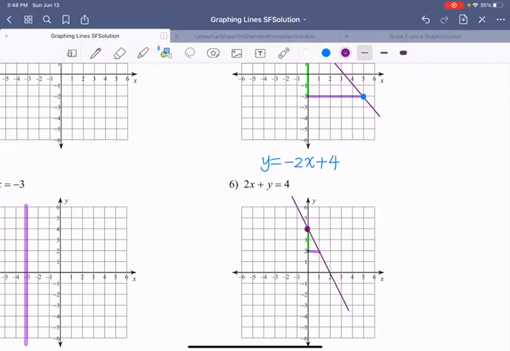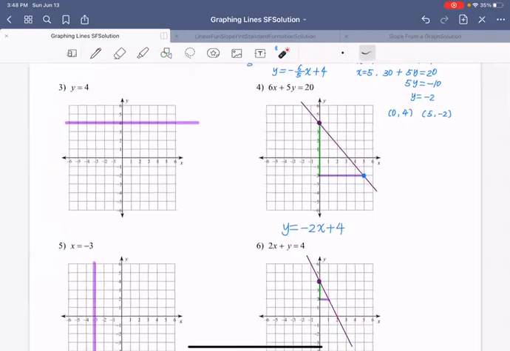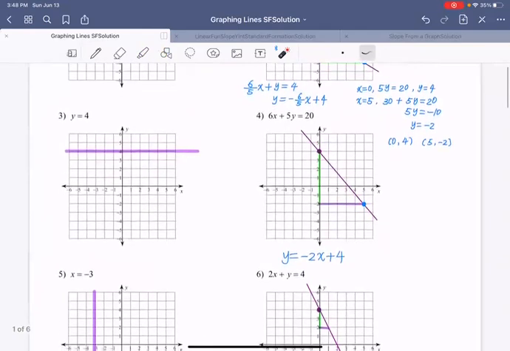Okay. Next, we want to do the other way. I leave your brother's example here. Go ahead and do your own. If x equals 0, then y would equal 4. Okay.